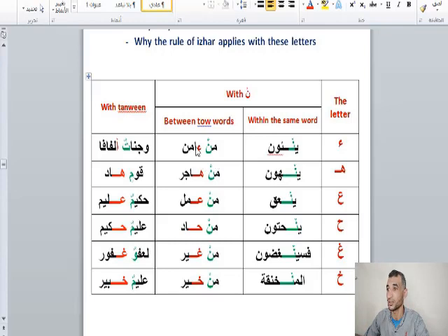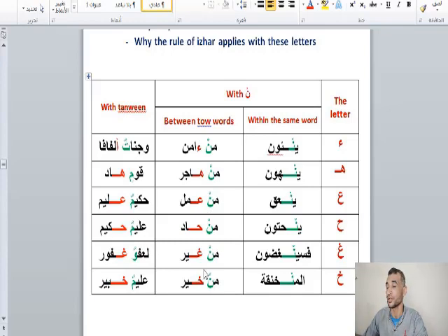And here the throat letters, which are colored with the red letter color, come after the consonant noon in two words, or between two words.